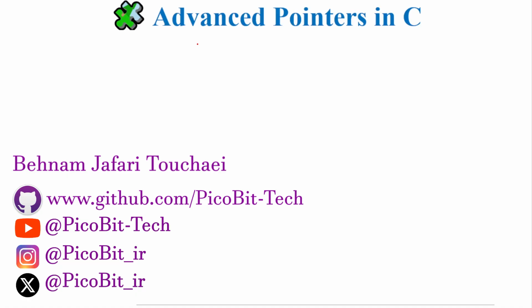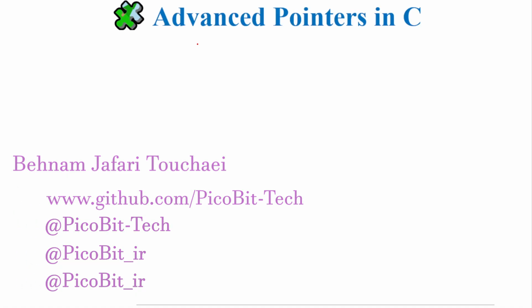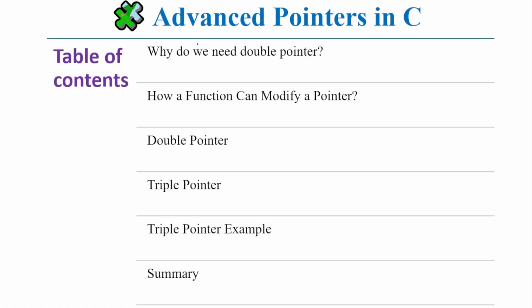Advanced pointers in C, such as double and triple pointers, take us beyond simple memory access and into real memory management. With double pointers, we can modify a pointer inside another function and dynamically create data structures.